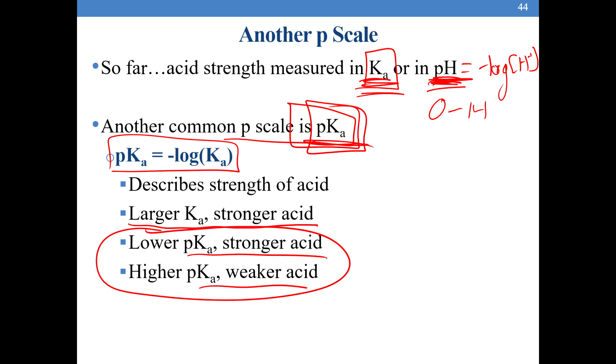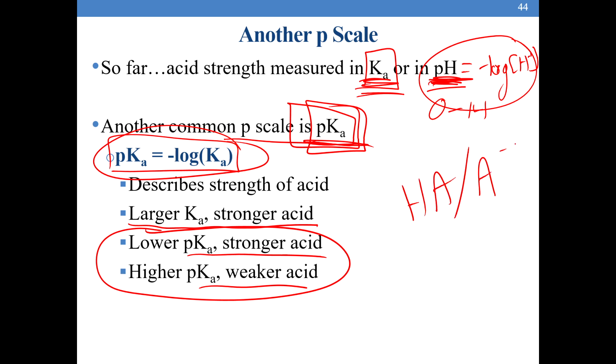So ultimately, what chemists did was they put this pH formula and the pKa formula and the knowledge of buffers being a pair of HA with A minus, and combined them all together into one formula that we call the Henderson-Hasselbalch equation, okay? It's a formula that we use when we're working with buffers.